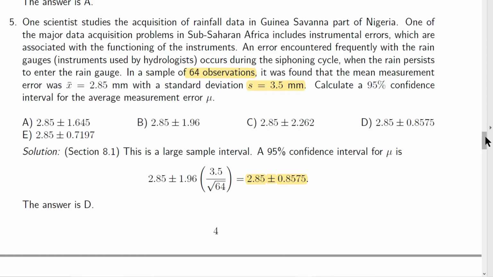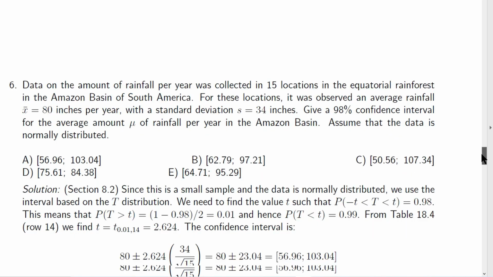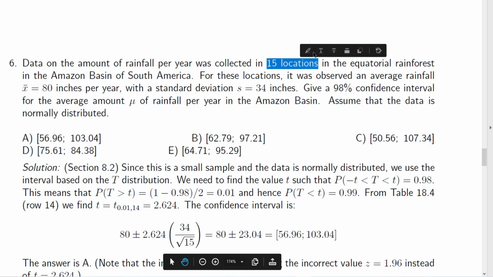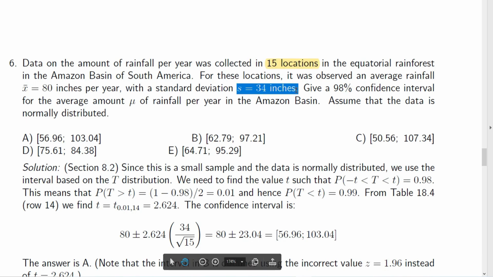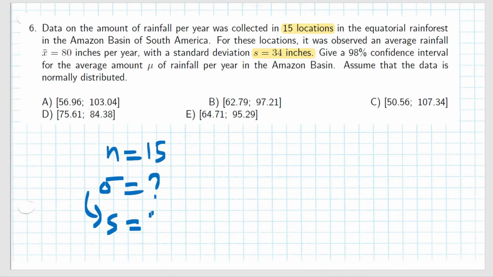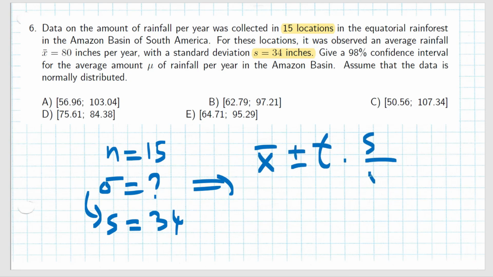On the next question, he did use a different confidence interval. You see? This one was the t-table, only because we have a small sample, and look, the population standard deviation is not given. n equals 15. So the formula is x bar plus minus t times s over root of n. And what's the degrees of freedom?